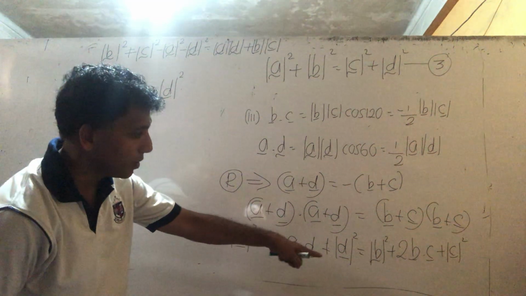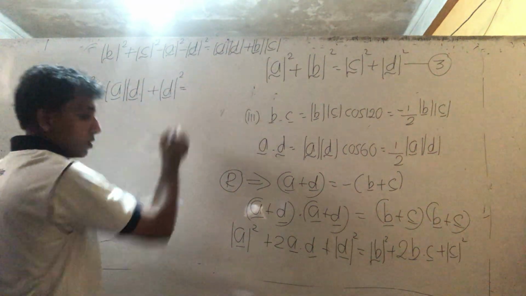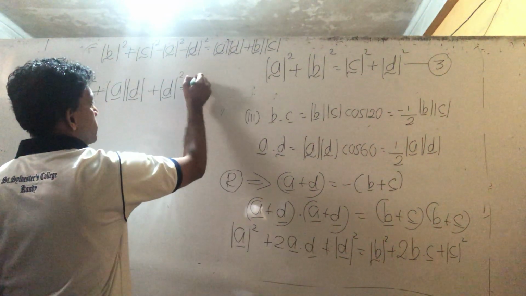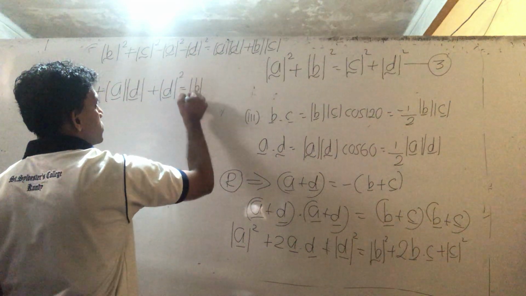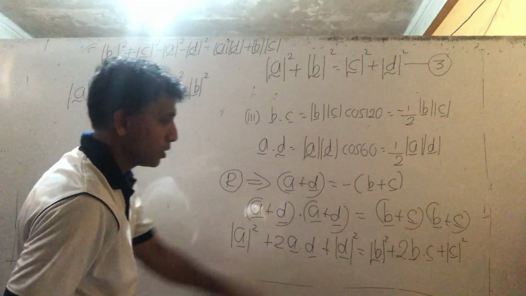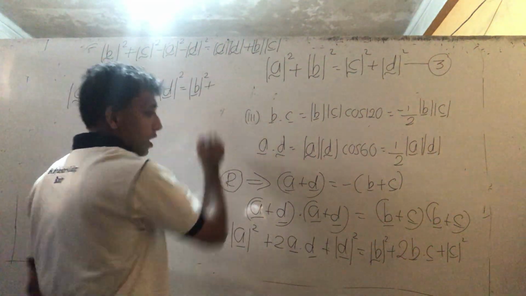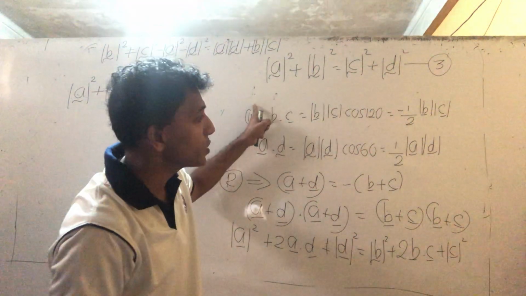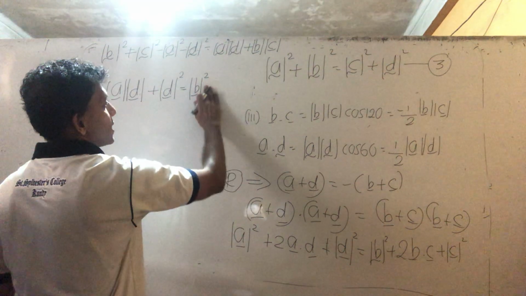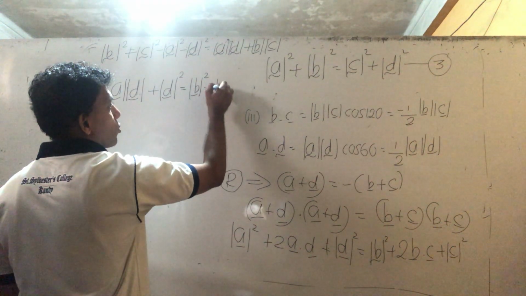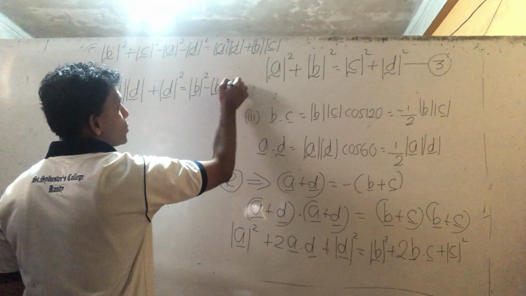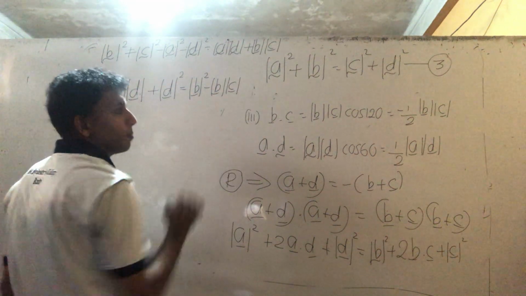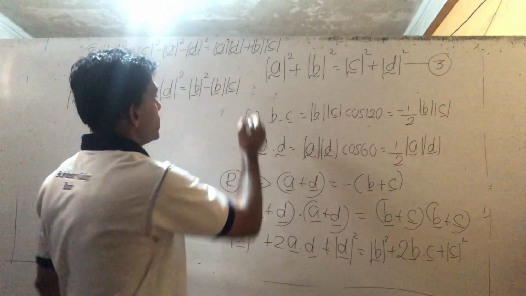On the other side, mod B square plus 2 B dot C, here the B dot C is multiplied by 2, and it is minus this time, so minus mod B mod C, and at last mod C square.